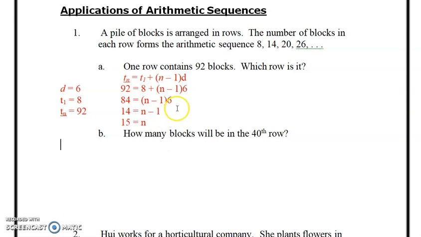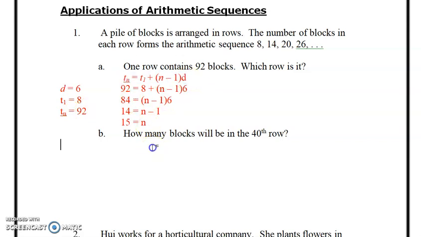The next example says, how many blocks will be in the 40th row? So it gives us the n value. So n is equal to 40. Our D, our common difference, is still 6. Our first term is 8, but the nth term, or the general term being 92, we're not concerned with that.